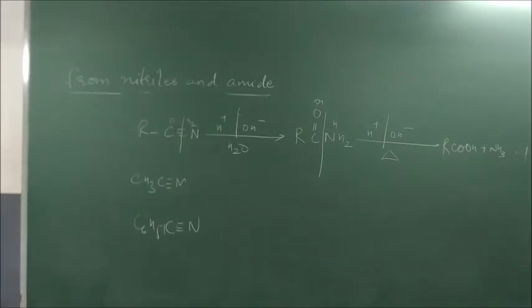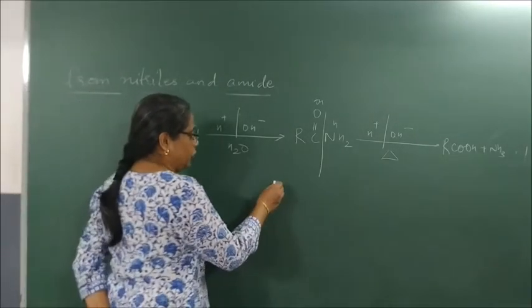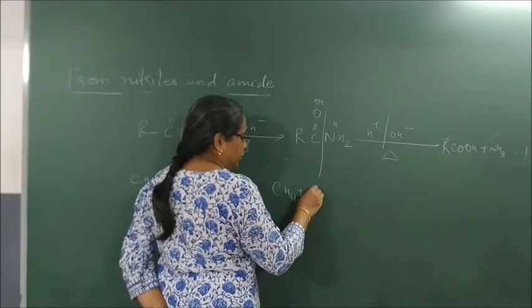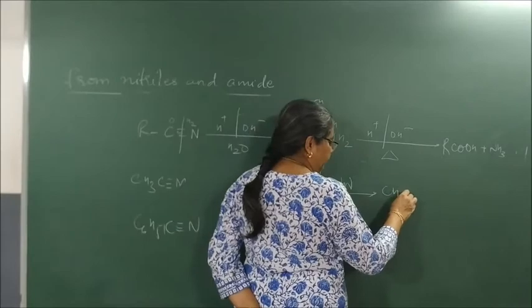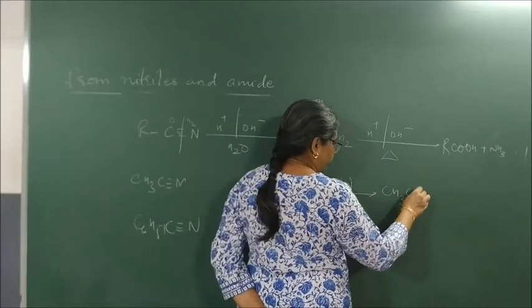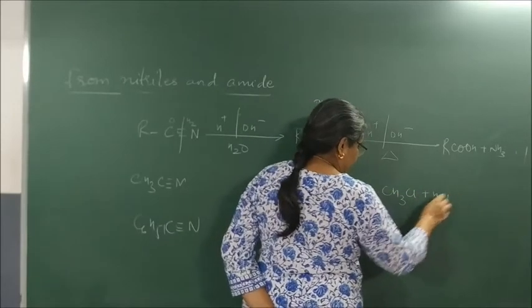Convert methane to ethanoic acid. Your reagents should be clear. When you do chlorination of an alkane, there has to be hv written over the reaction. First step: CH4 reacts with Cl2 in presence of hv, it gives CH3Cl plus HCl.